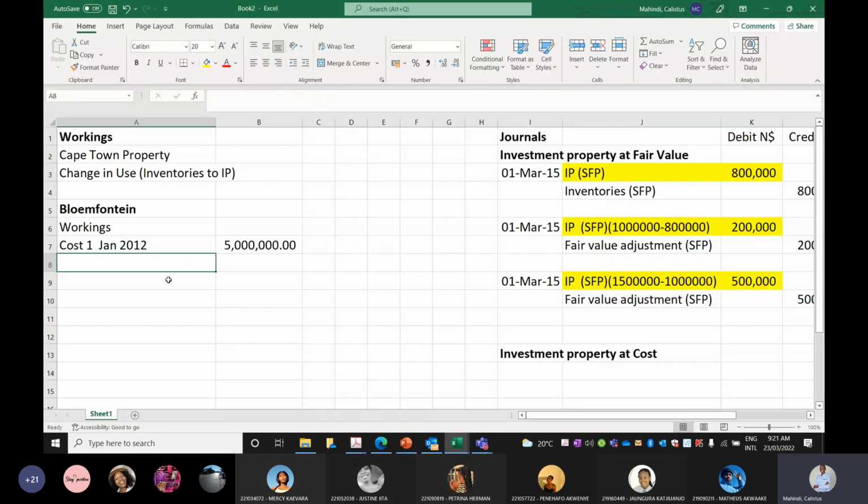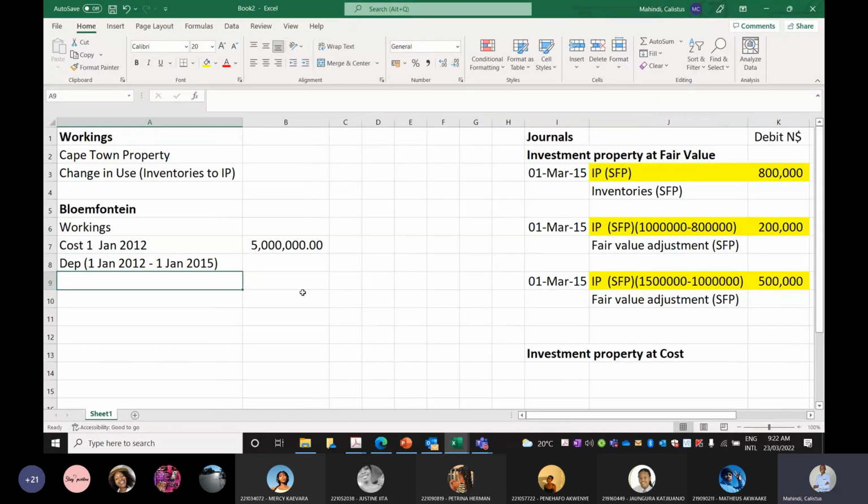So this property would have been depreciated. For how many years would it have been depreciated at the beginning of the year? So we'd have to calculate depreciation from 1st of January 2012 to 1 January 2015. What is our depreciation for those 3 years?